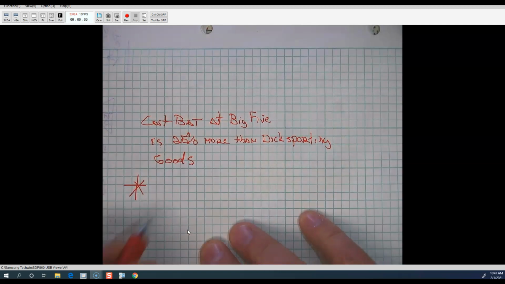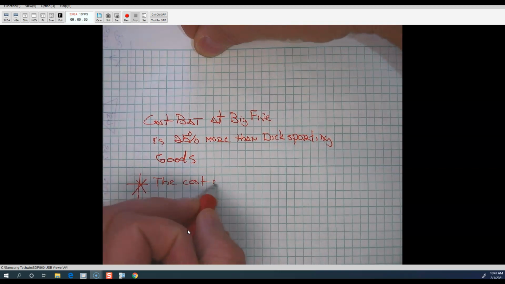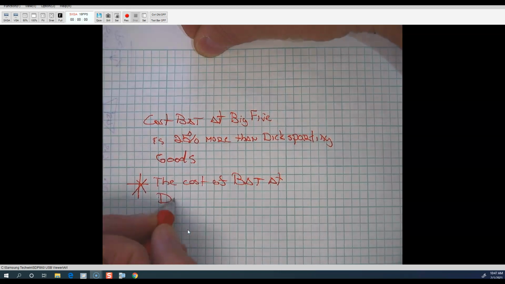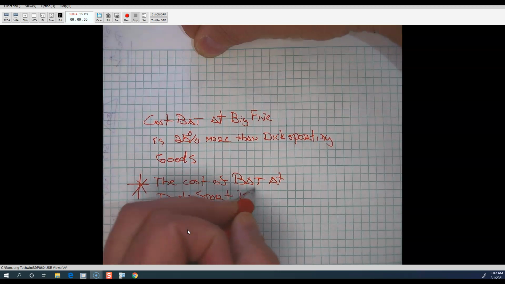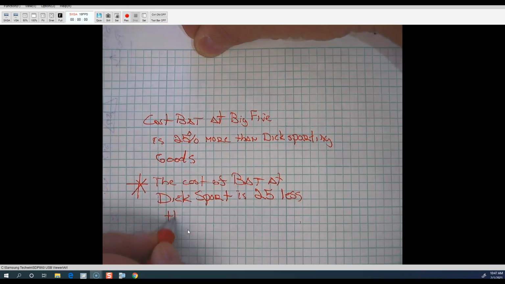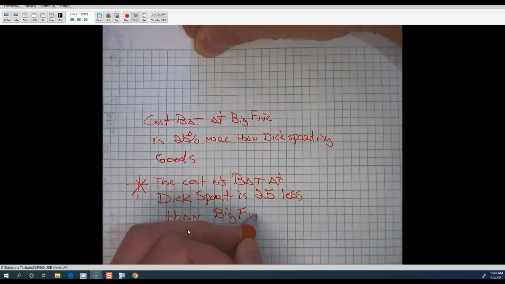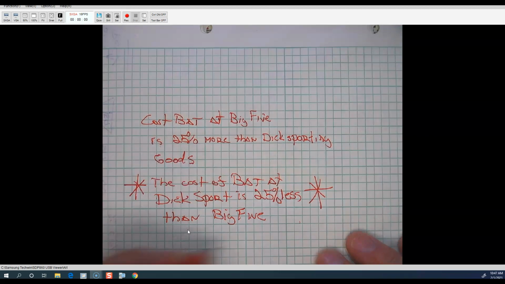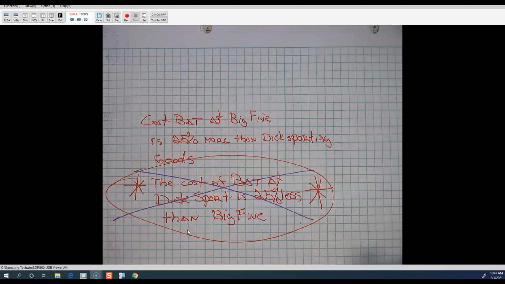If you would say the cost of the bat at Dick's Sporting Goods is 25% less than Big Five, this is incorrect math. And most people don't realize that.